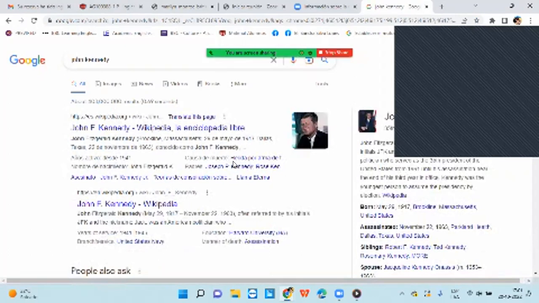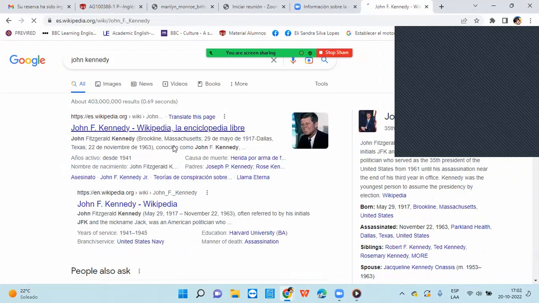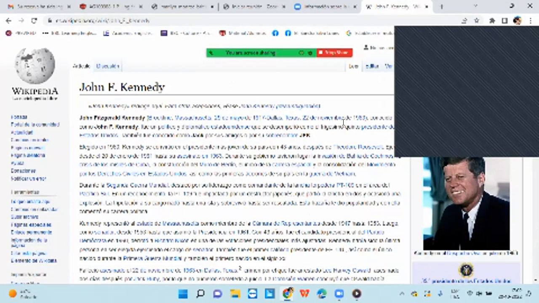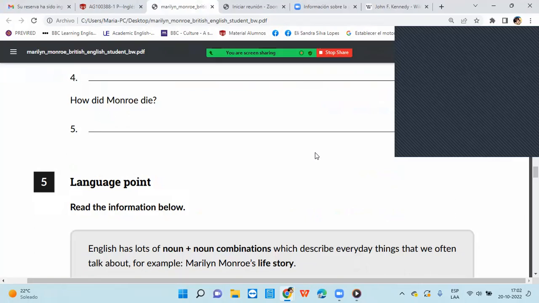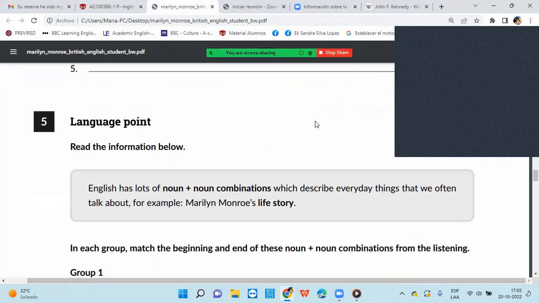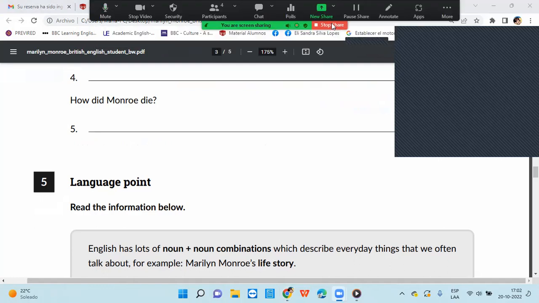He died in November 1963, one year later. So one year later, John Kennedy was killed. Too many coincidences, okay? Do you have any opinion about Marilyn Monroe, or you couldn't care less about it?